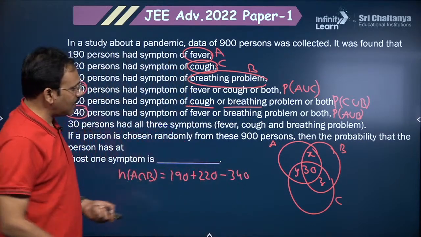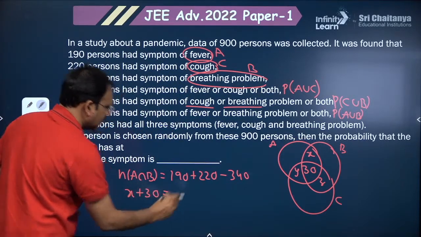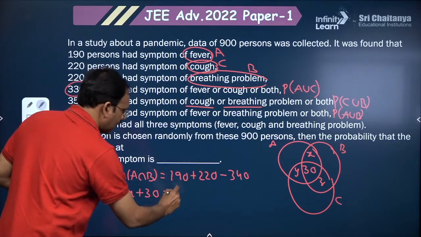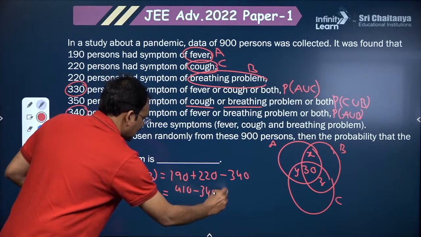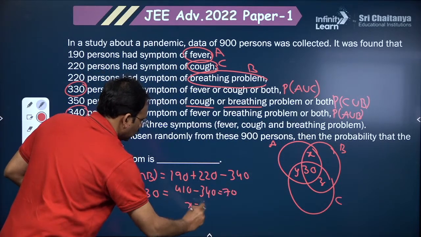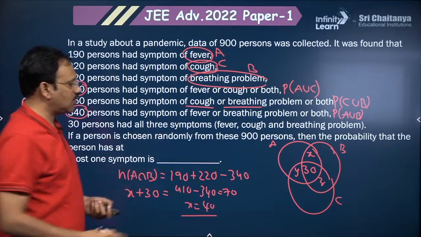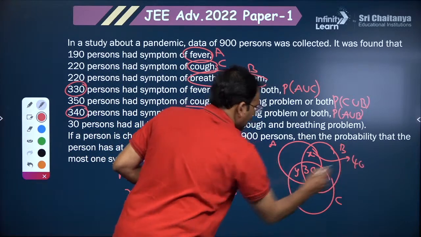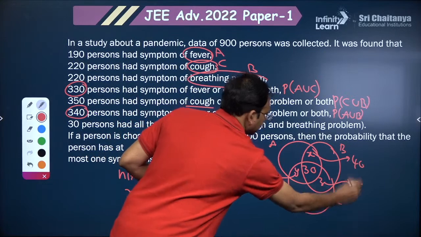But N of A intersection B is, I can say, X plus 30, right. This is going to be 410 minus 340 is going to be 70. So, X is going to be 40. In the same way, if you apply, you will get Y, Z also. So, you will get X value to be 40, Y to be like 50, Z to be like 60, right.